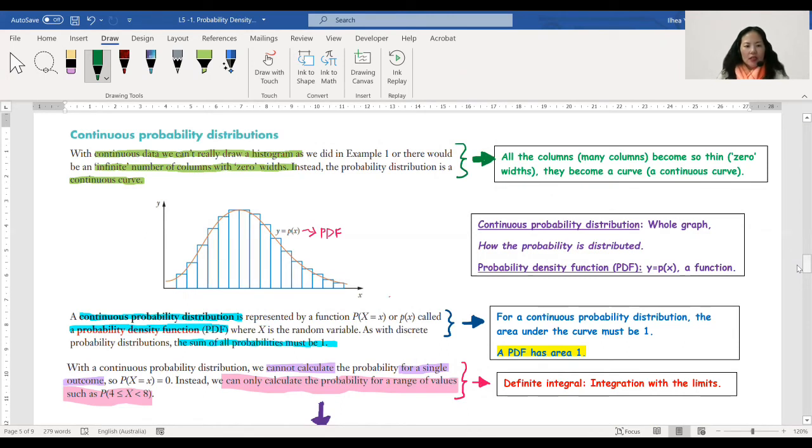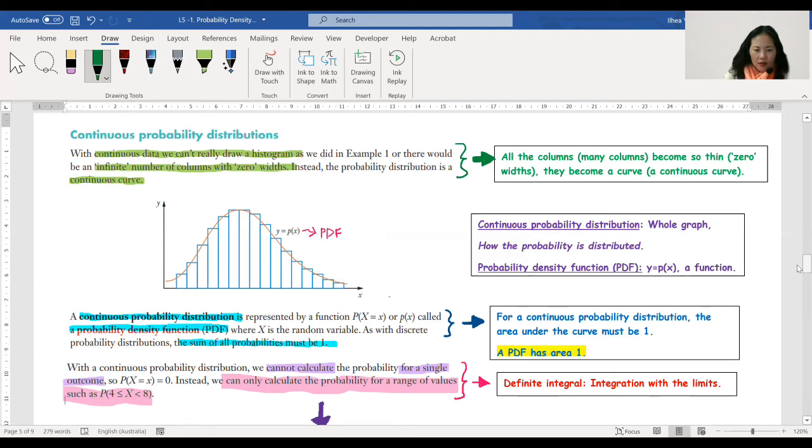So let's have a look. Continuous probability distributions. With continuous data, we can't really draw a histogram as we did in example 1, because you will have so many columns in a histogram, because it's continuous.